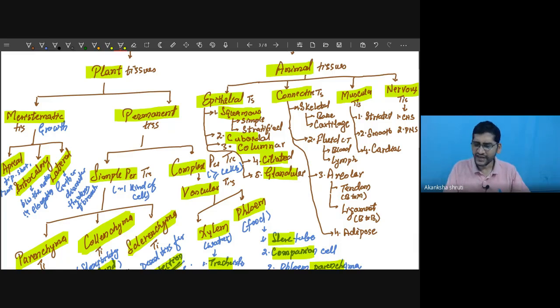Next one is connective tissue. Connective tissues are for connecting, like our bones are connected to one another. Bone also falls in that category, which is very hard. This hard connective tissue is called skeleton tissue. It gives the structure or physique or look to the body.